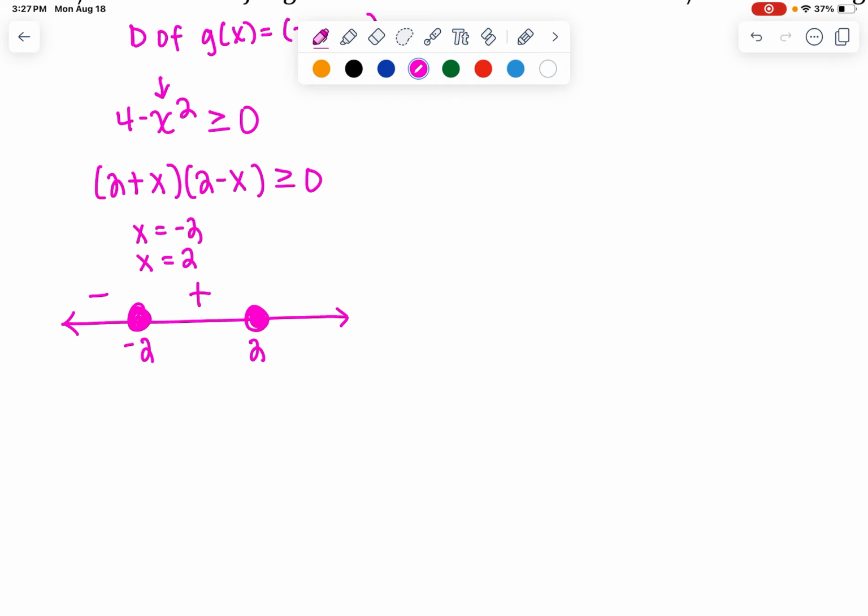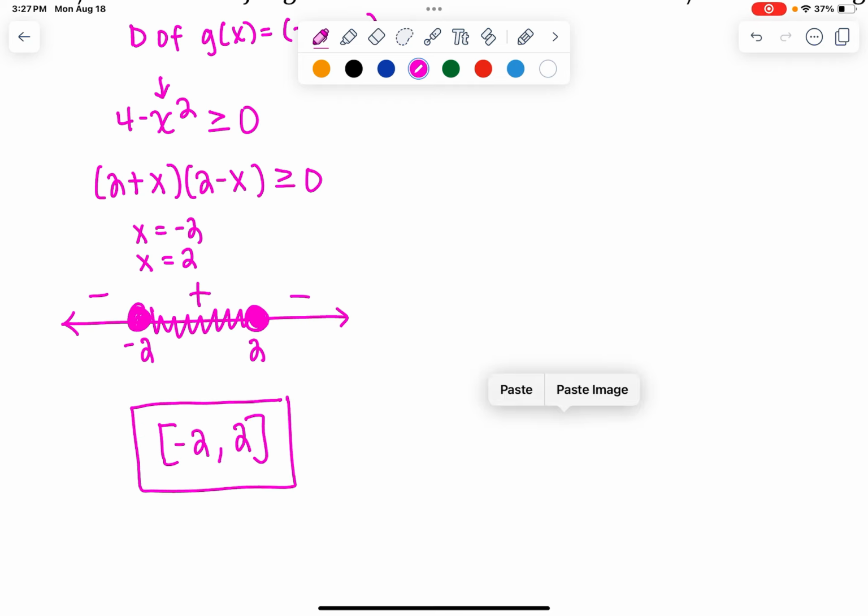And now I'm going to check values bigger than 2, so like 3. If I plug in 3, 3 squared is 9, 4 minus 9 is negative. So remember, I can't take the square root of negative numbers, only positive numbers, so these are my solutions. So that would be all values from negative 2 to 2, including negative 2 and 2. All right, next one.